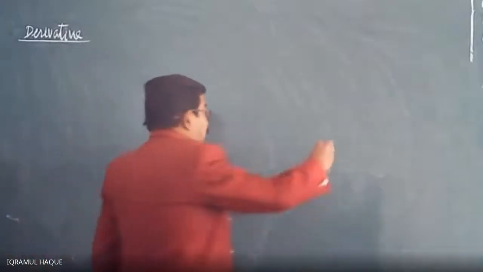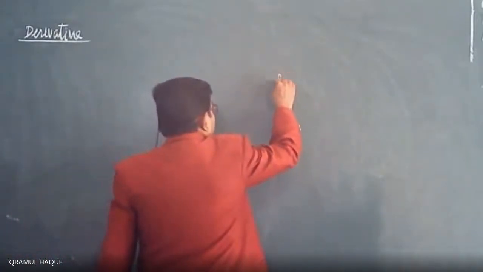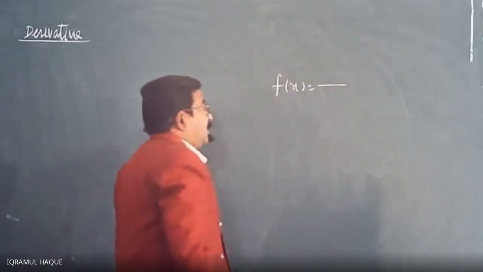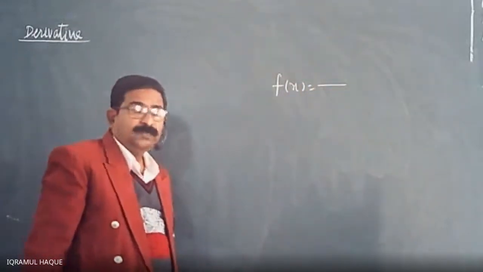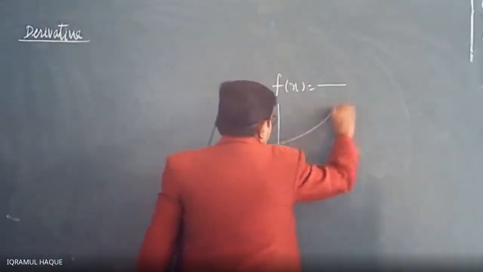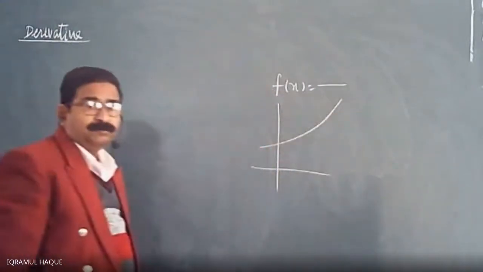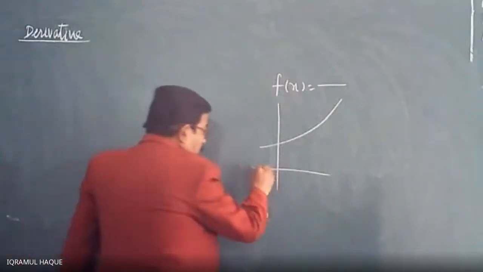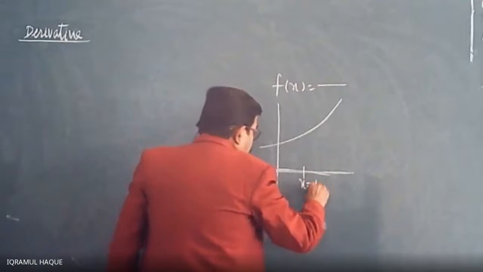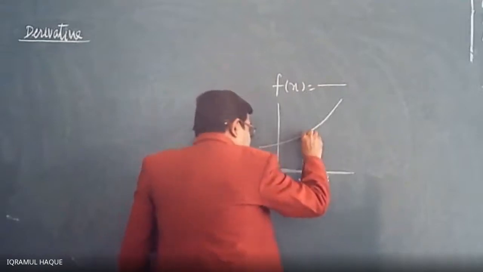Like suppose we are given f of x, a real valued function, and suppose it has this graph. At x is equal to a, what is its value?